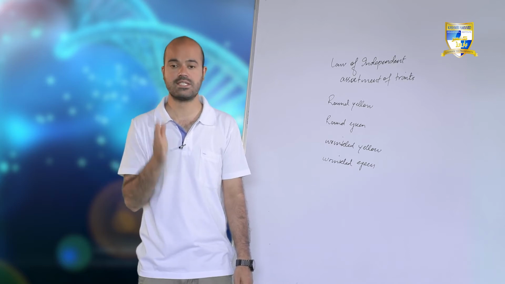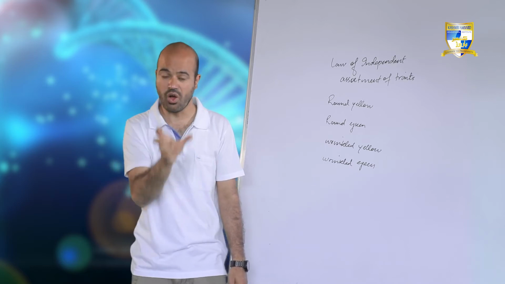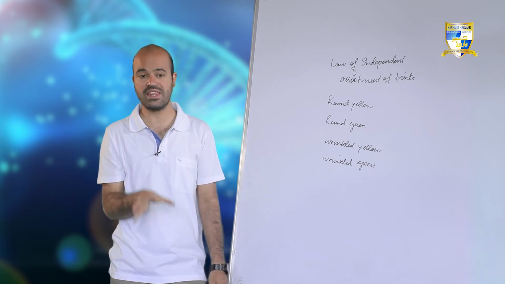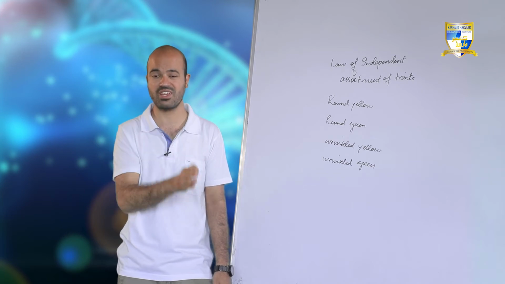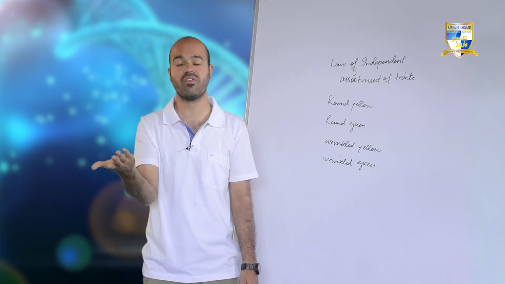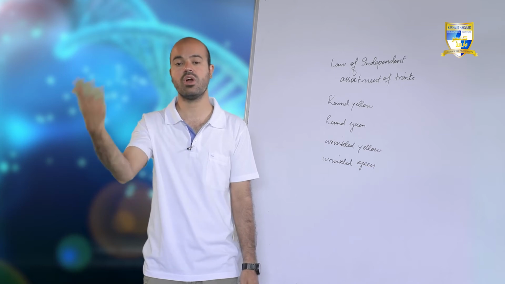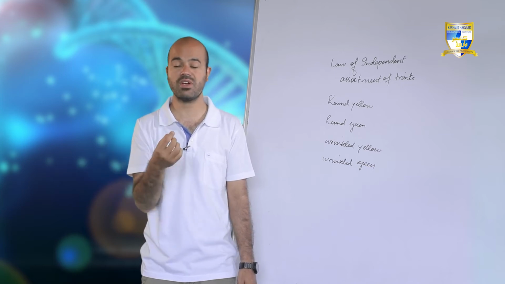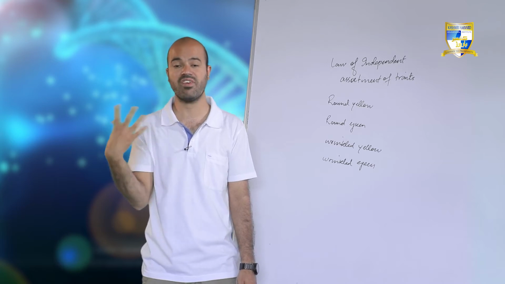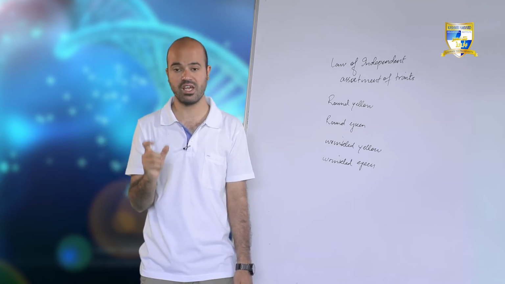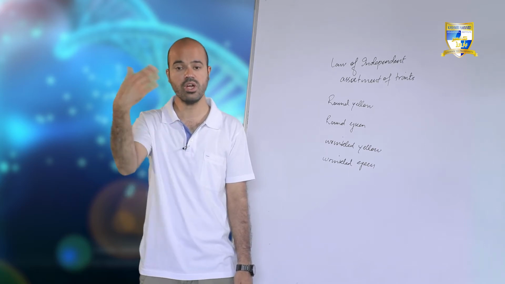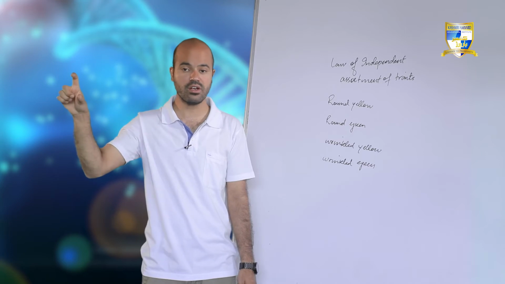That means simply these are the rules which are followed when there is transmission of characters, resemblances, and variations from one generation to another. If you remember, genetics is the study of heredity and variations, and heredity is transmission of characters from one generation to another, that is inheritance.